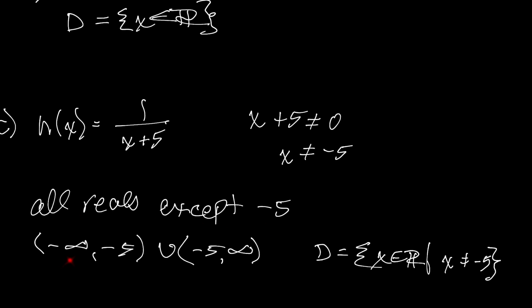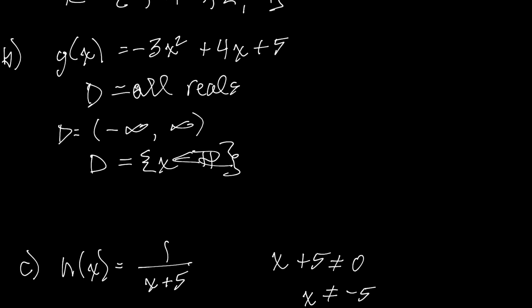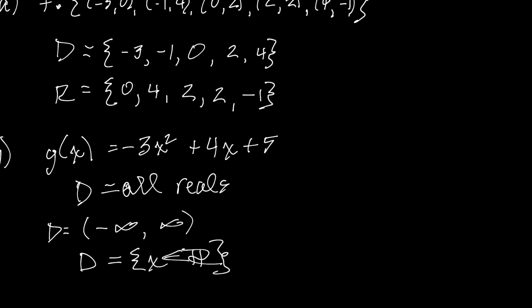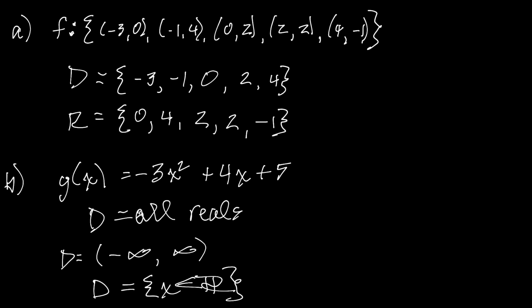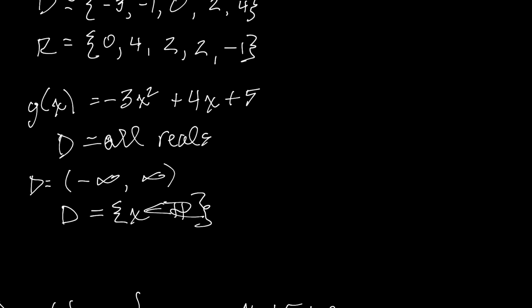You can use words, you can use interval notation, or you can use set notation. Like up here, words, interval notation, set notation. So that's a matter of personal preference for the most part. Unless a problem specifically states use interval notation, then you can state it however you like.